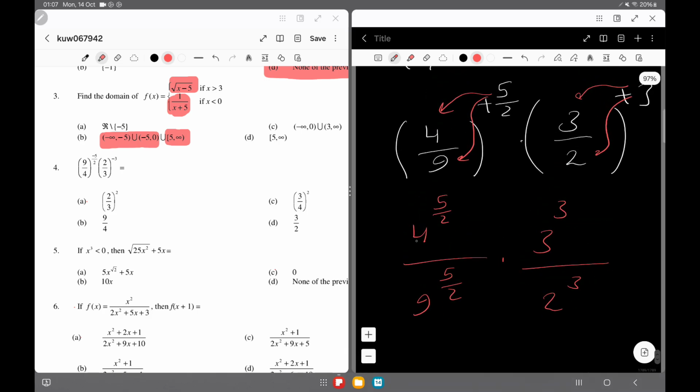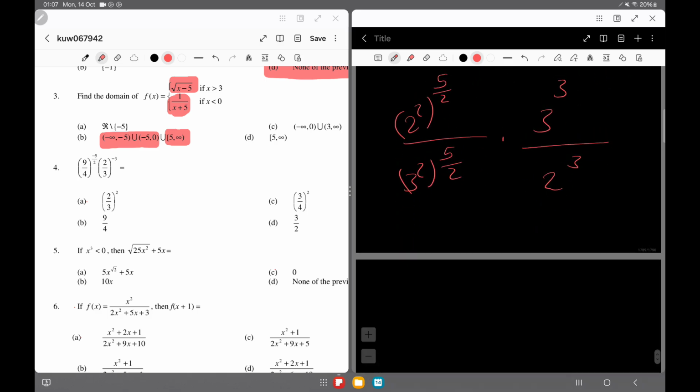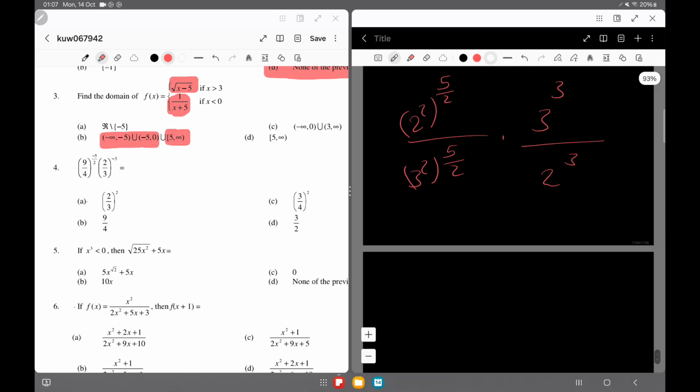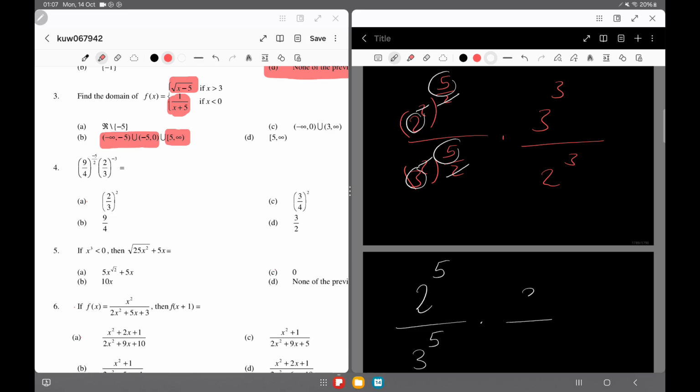So the 4 is 2 squared, and 9 is 3 squared, right? So what's going to happen? Cancel 2 with 2, we get 2 to the power of 5 over 2 cancel with 2, 3 to the power of 5 times 3 to the power of 3, 2 to the power of 3.